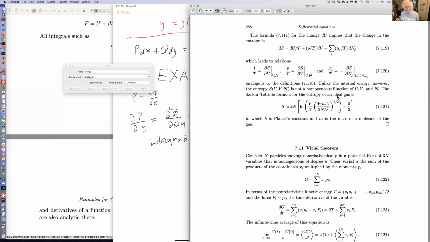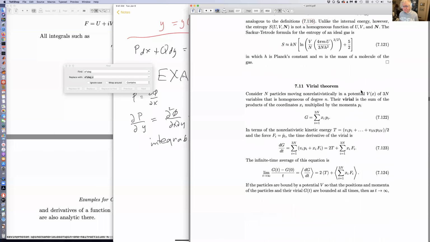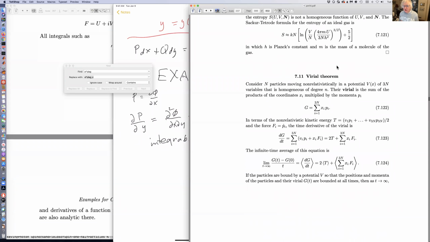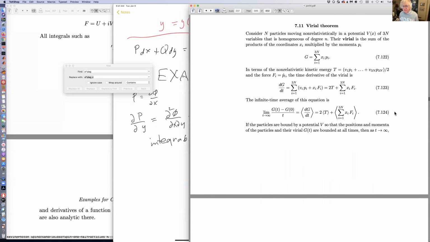There is a formula for the entropy of the ideal gas due to Sackur and Tetrode, and that is an approximate formula for an ideal gas, and quite surprisingly, it involves Planck's constant, h, as well as the mass of a molecule of the gas. So I will not go off on a tangent on this.